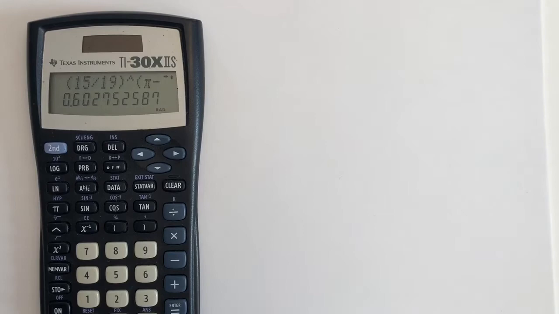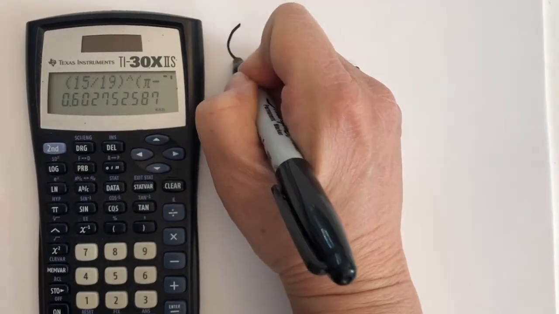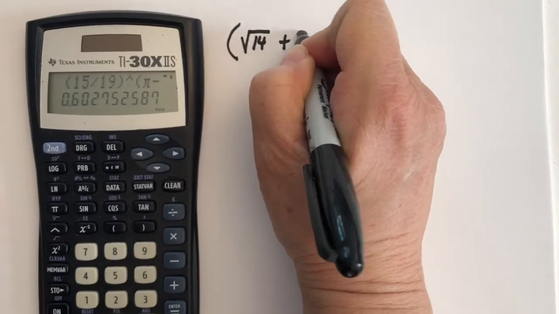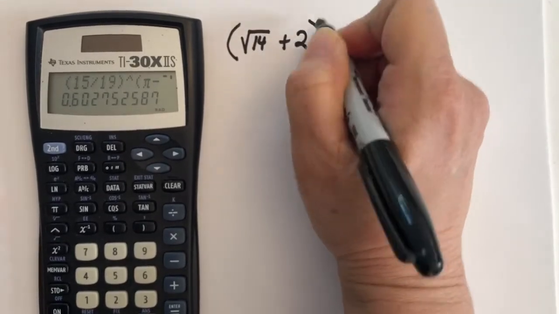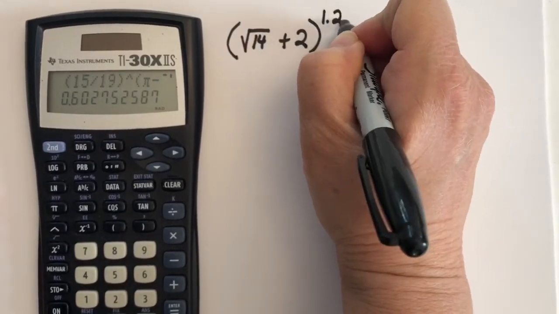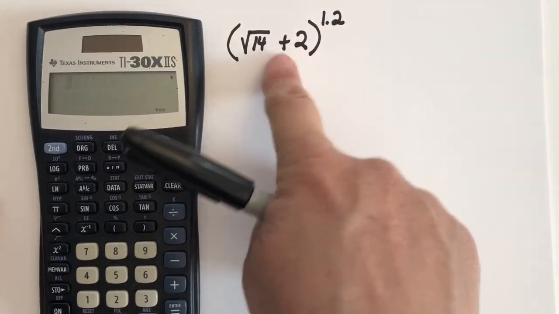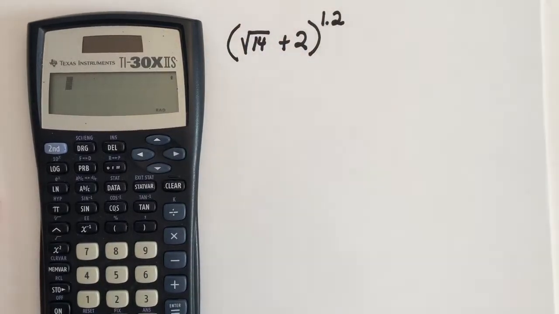Let's make this one be the square root of 14 plus 2 raised to the 1.2 power. So the base definitely requires that a calculation be made, so I'm going to put in parentheses the square root of 14.